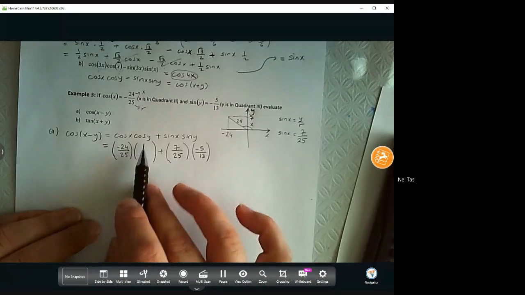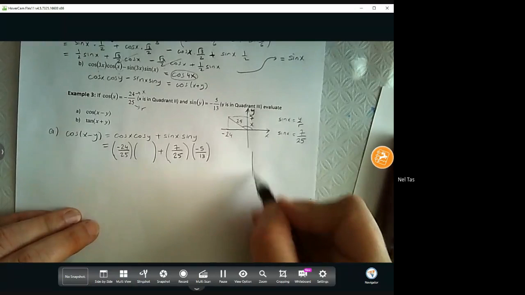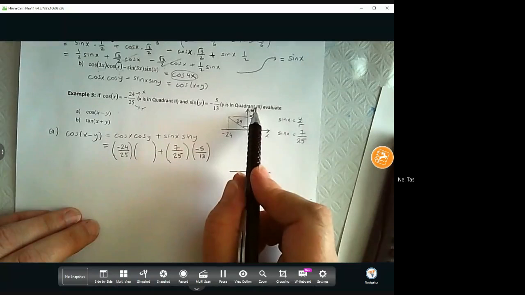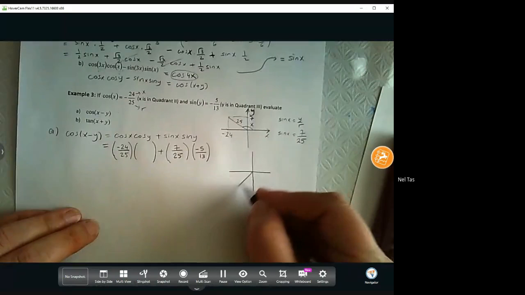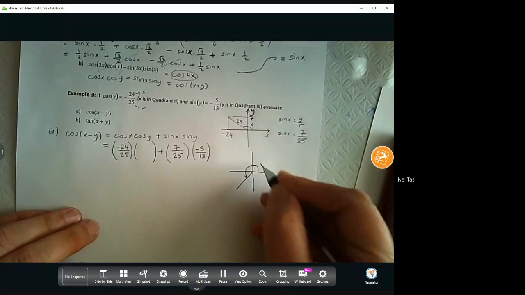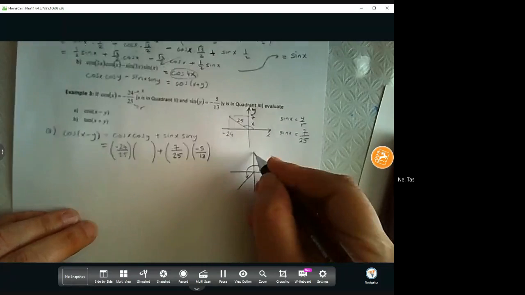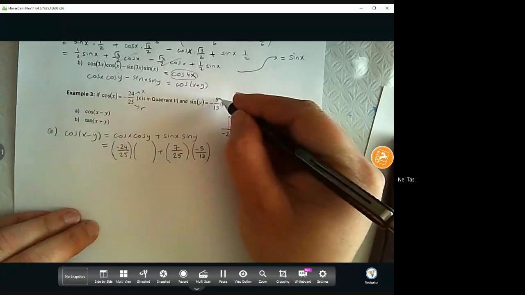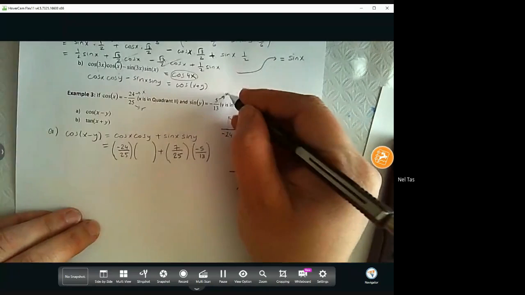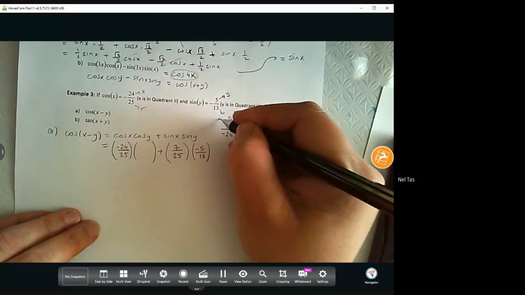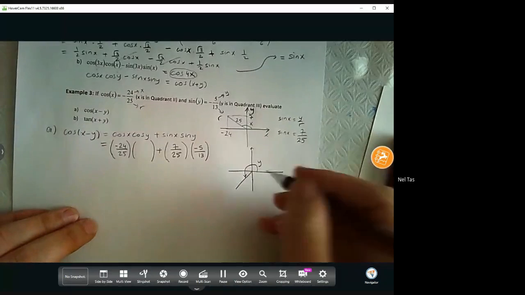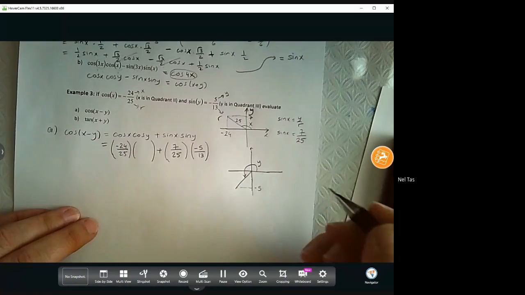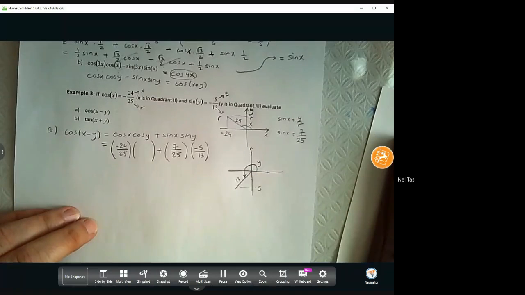Now we're going to find cosine y. Therefore, we are going to sketch angle y. Angle y is in quadrant 3. Sine y is y coordinate over r, so y is negative 5 and r is 13.